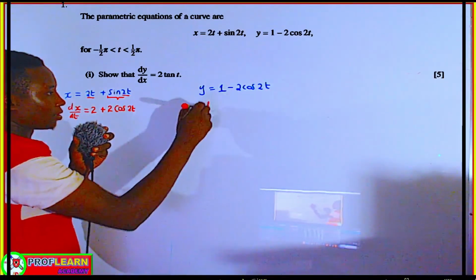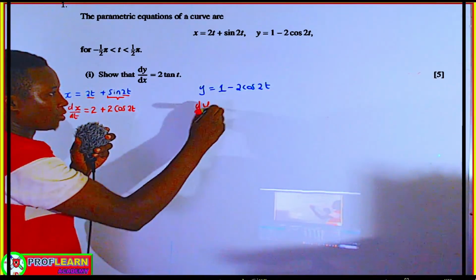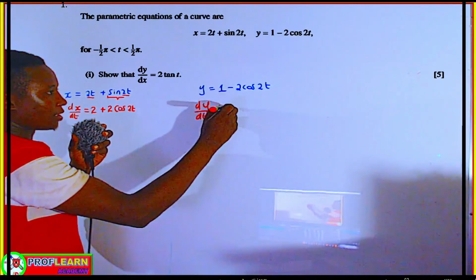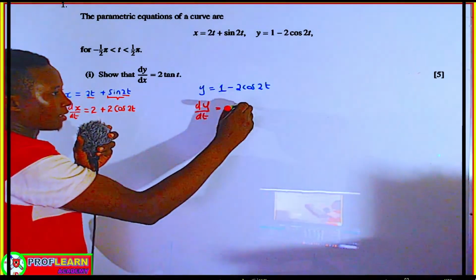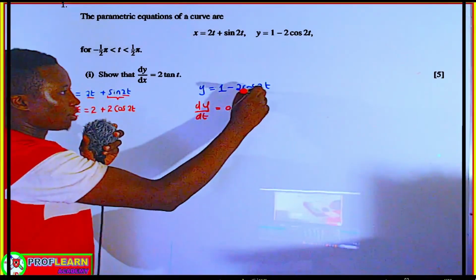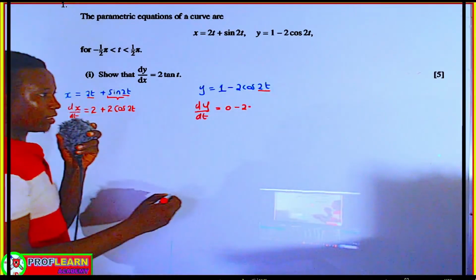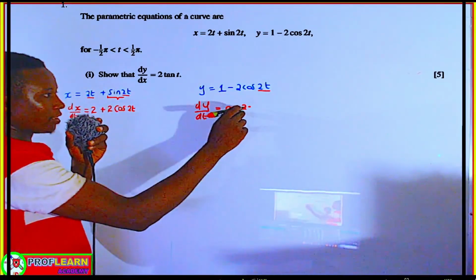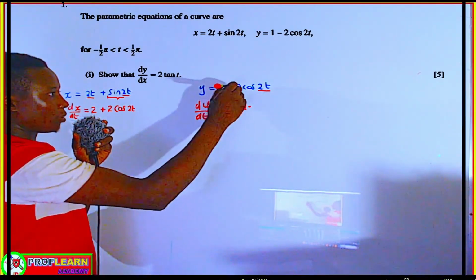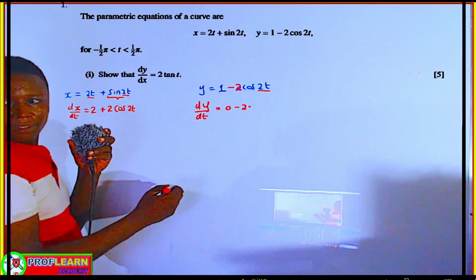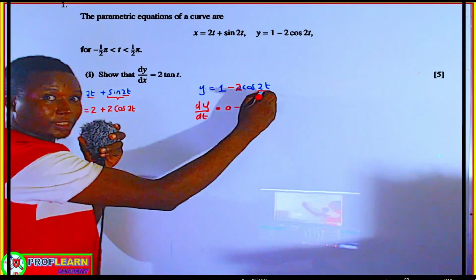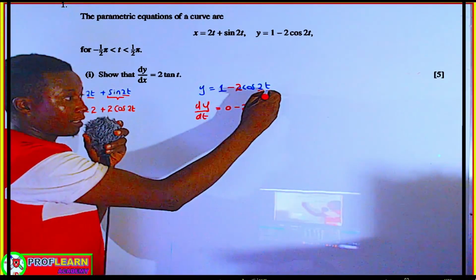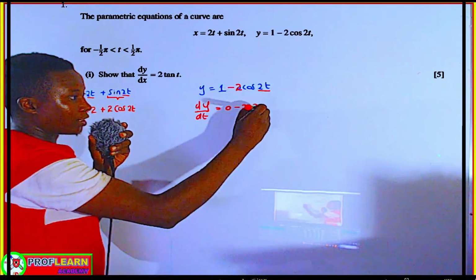Then we need also to differentiate y with respect to t, and that's going to be differentiating a constant, we get 0, and then minus 2. Now differentiating cos 2t, first we need to differentiate the 2 that is there. So the 2 I've written here is this 2 that we have at the beginning, and then we now differentiate this 2t that is here, and differentiating 2t we are going to get 2.